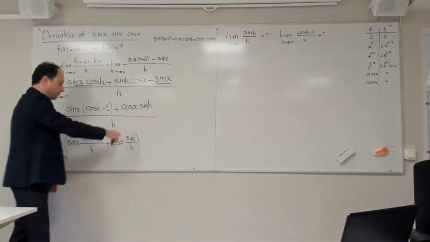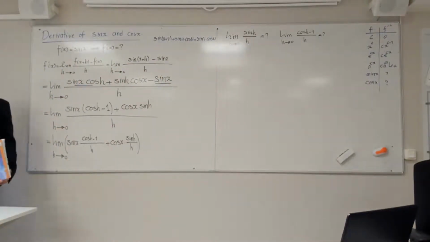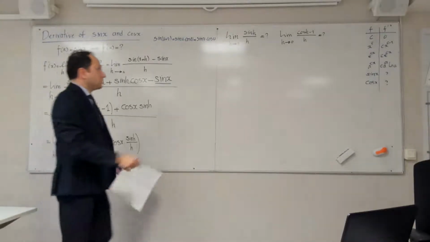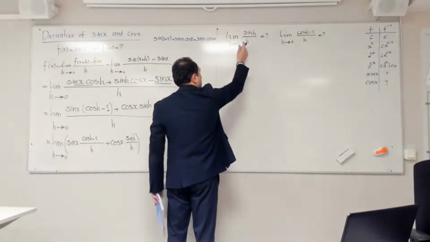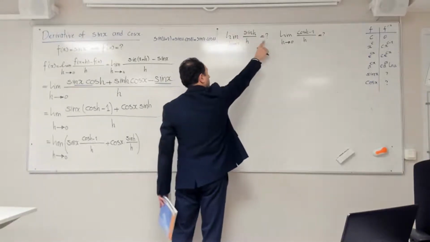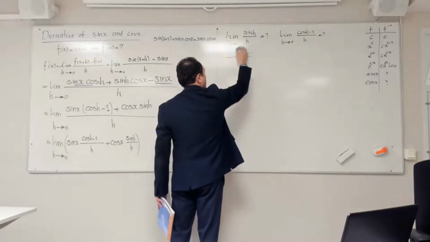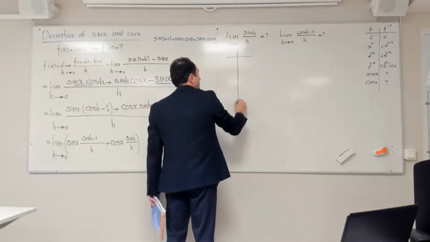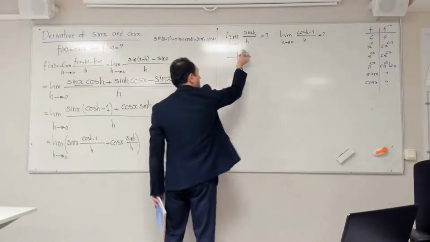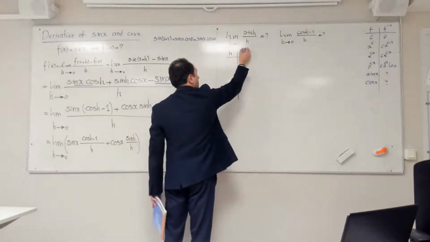When I find them, I plug them back and I will find my derivative. Okay, let us concentrate here. If you want to find this rigorously, this is beyond the scope of Math 4. You will study it in university, but for getting a feeling of what that number is, we can always do the same thing.